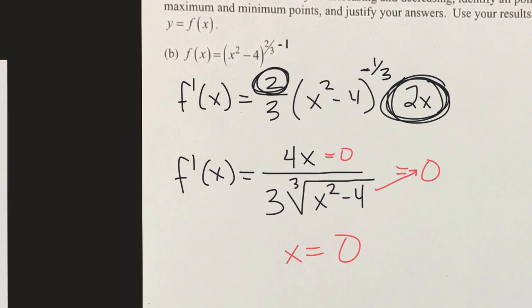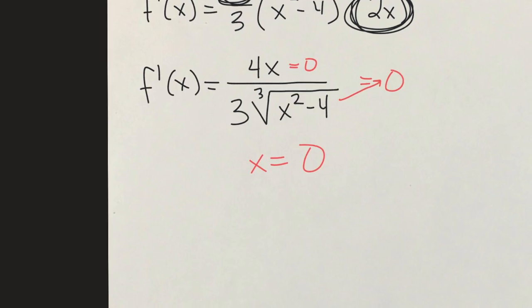So maybe we just have one critical value, and it's going to be 0, because 0 divided by anything is 0. So if our top is 0, you have a 0 as your answer, no matter what is in the denominator. So let's check.